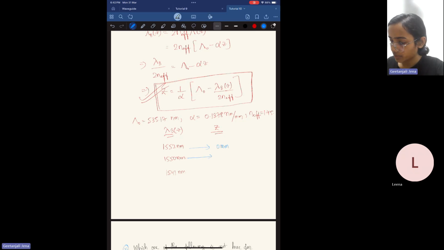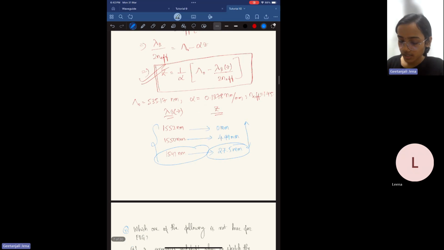This will be reflected after traveling 4.99 or 5 millimeter, and this will be reflected when we have 27.5 millimeter. So these are the locations at which these wavelengths will be reflected. But if we recall, the total fiber length is 25 mm. So that means this wavelength will easily propagate through this fiber without any reflection. So this won't suffer any reflection.